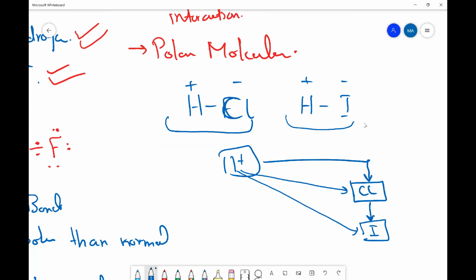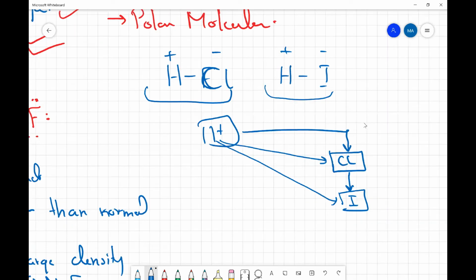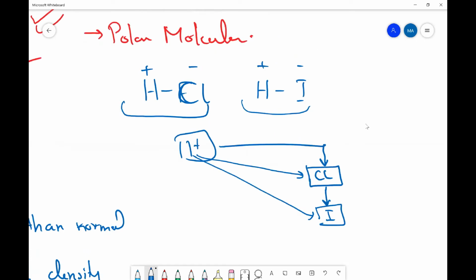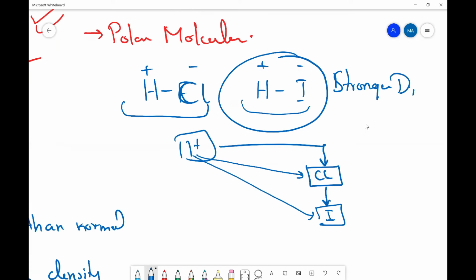So as the distance increases between the two atoms in the periodic table, their electronegativity values increase. And when the electronegativities increase, the dipoles become stronger. Okay, so HI has stronger dipoles. And whenever the dipoles are stronger, you call them permanent dipoles.